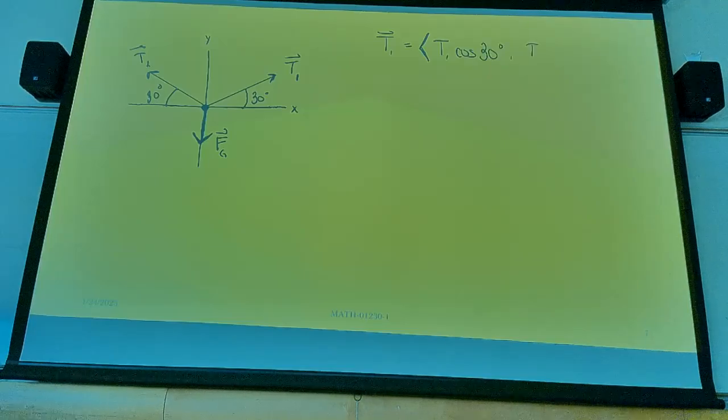We don't know the exact values of the magnitude. Right? We don't know what that exact value is. But we can at least write it in vector form. What about T2? What would our component form be?